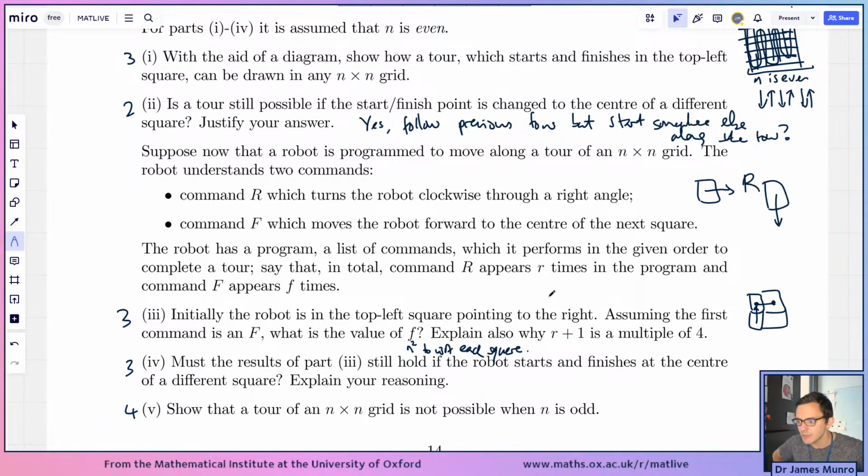Is it supposed to finish pointing to the right? No. Okay. If it finishes pointing upwards, then R plus 1 would be a multiple of 4, because 1 more turn would point it towards the right.